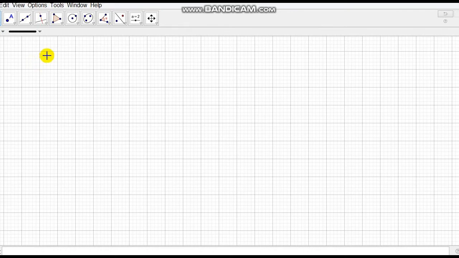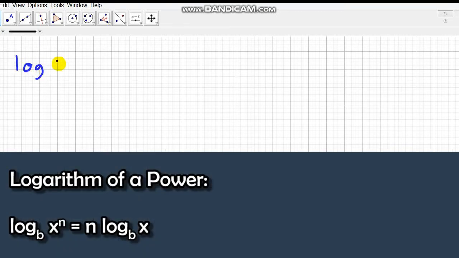For the third law of logarithm, we have the logarithm of a power. This states that the logarithm of x raised to n to the base b is equal to n times logarithm of x to the base b.